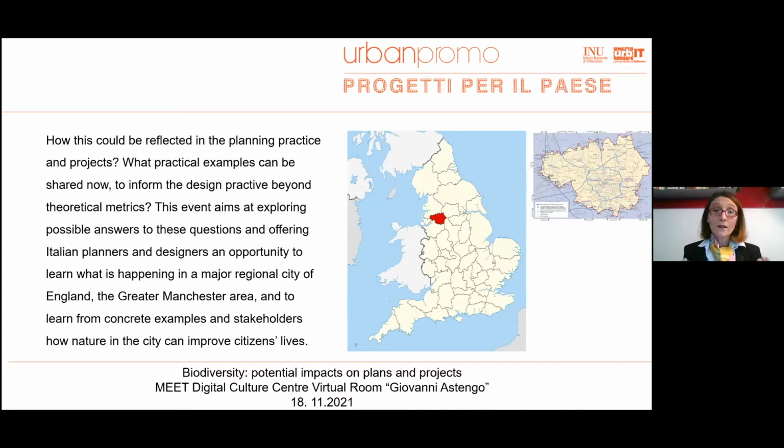However, still we can have a variety of inspirational projects, and our focus will be on Manchester. So first of all, we will have the opportunity to hear from Krista Patrick what's going on in the Greater Manchester area, which is a key city region situated in the northwest part of England, and it expressed a very strong political commitment towards embedding biodiversity in spatial planning at different scales.